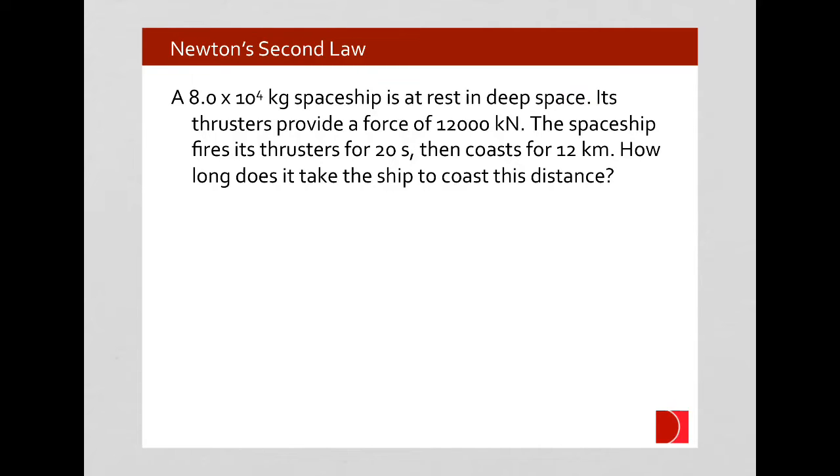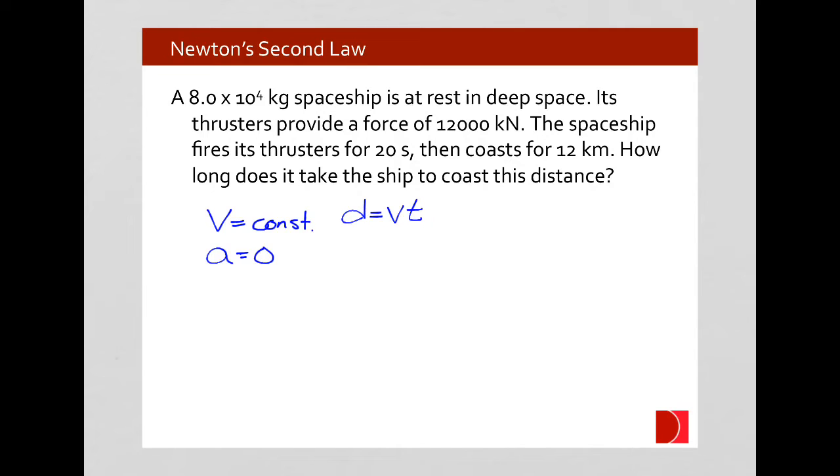So, if it's coasting, that tells us that its velocity should be constant. And if we want to know the time that it takes to move 12 kilometers while you're coasting, while your acceleration is equal to 0, we know from the x component of our projectile motion that in this situation, the distance traveled is the velocity times the time.